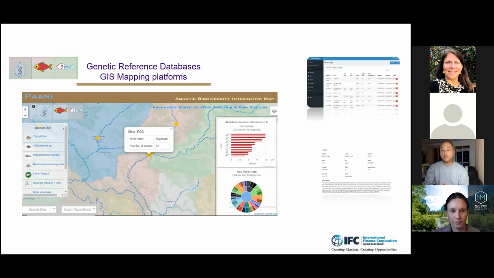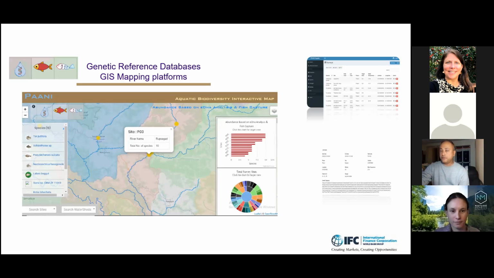Our goal is to build this database of different river systems in Nepal to eventually catalog all the different freshwater species of fish in the country. And this database is basically searchable. It has all kinds of information, including the DNA sequences as well.